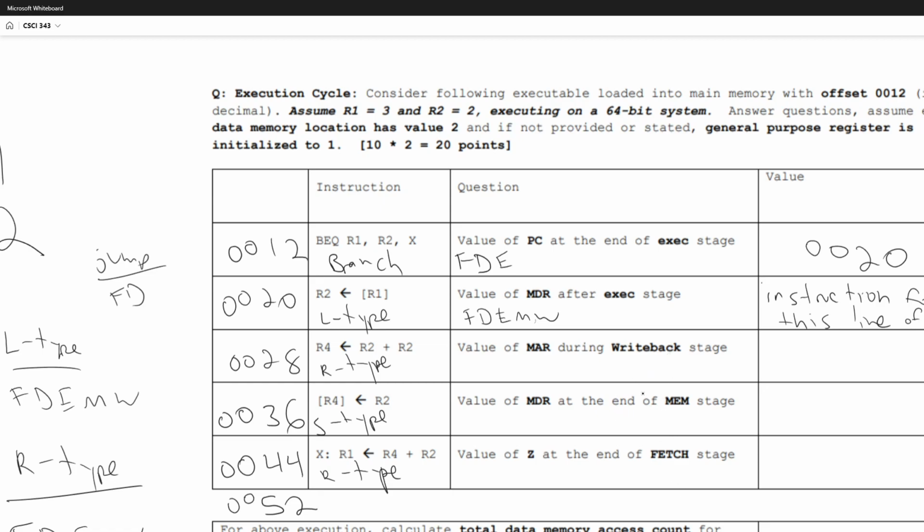Value of MAR during write back stage for the next instruction. So our types have fetch, decode, exec, and write back.